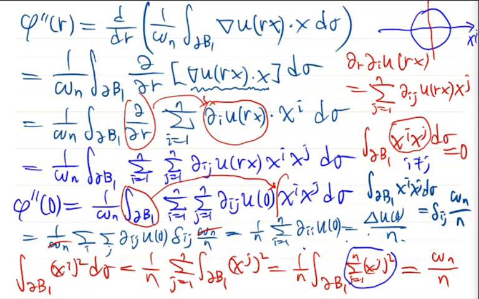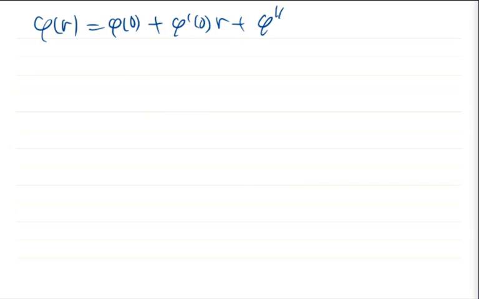So in conclusion, our phi(r) is phi(0) plus phi prime(0) r plus phi double prime(0) over 2 times r squared, plus higher order terms, the Taylor expansion. Then phi(0) is u(0), and phi prime(0) is 0.